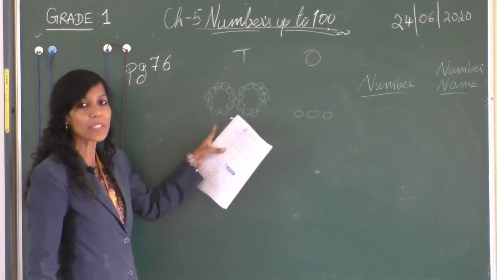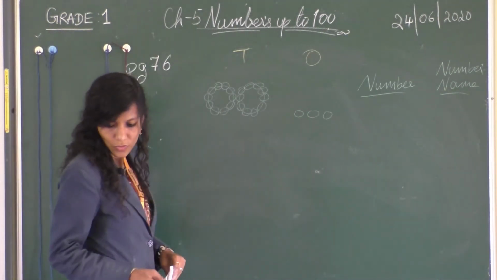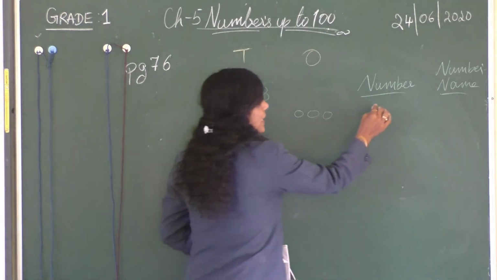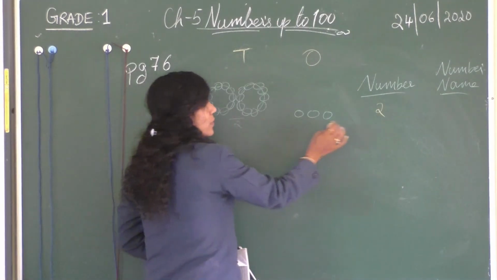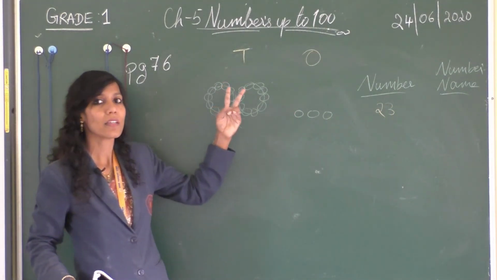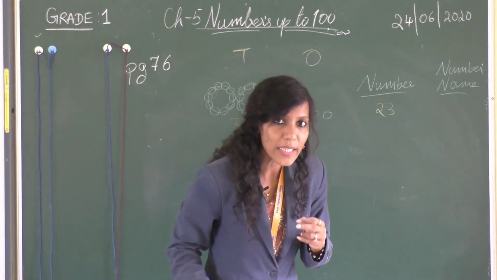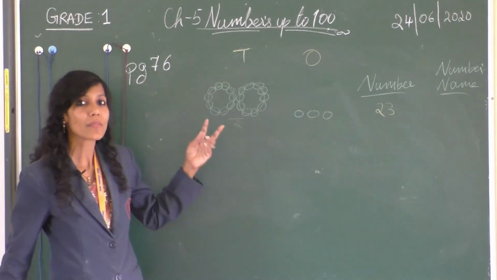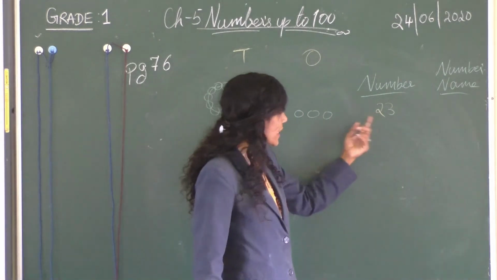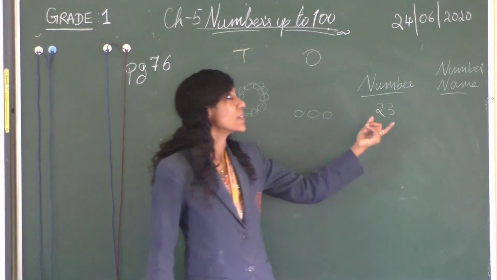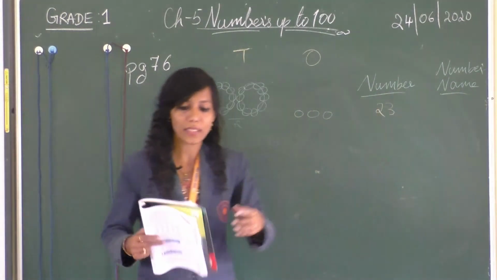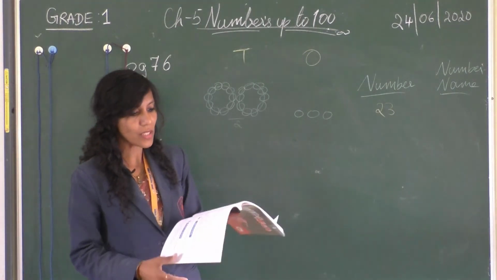In the tens position, how many circles do you have? We have 2 circles. So we write here 2. And here we have 3, so we write here 3. So 2 tens is called 20. 2 bundles of 10, 10 and 10 together, 20. 3 single beads, 23. So what you have to write here? 20 and 3, 23. Similarly, you have to do this.